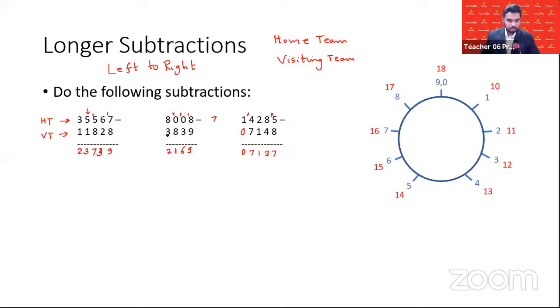Now, what about this? 3 plus 8 plus 3 plus 9. It's a long addition. But we have learned that you can cast off 9s. Whenever a 9 appears in the digits, you can cast it off. You need not include that in the digit sum. So you cancel this 9. Next, you have 3 plus 8 plus 3, which is 14.